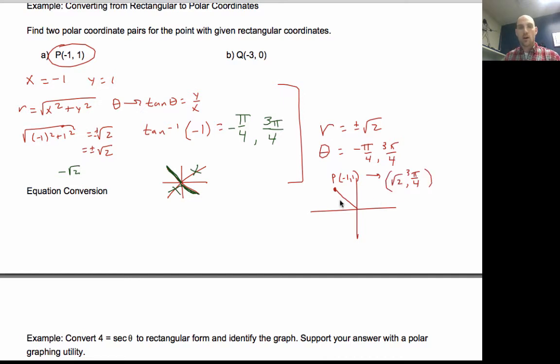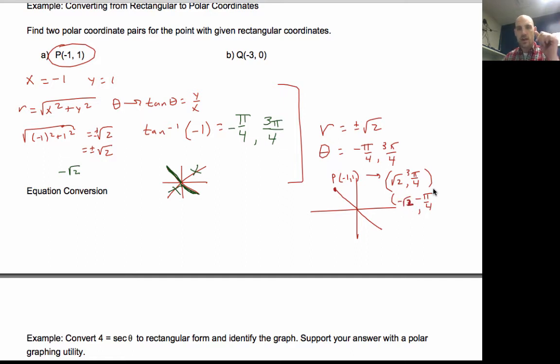How do I know? Well, it would have to be root 2 from the pole in the 3 pi over 4 angle. Or if it was negative pi over 4, so if it came down here, to get back to negative 1, 1, you'd have to go in the opposite direction.